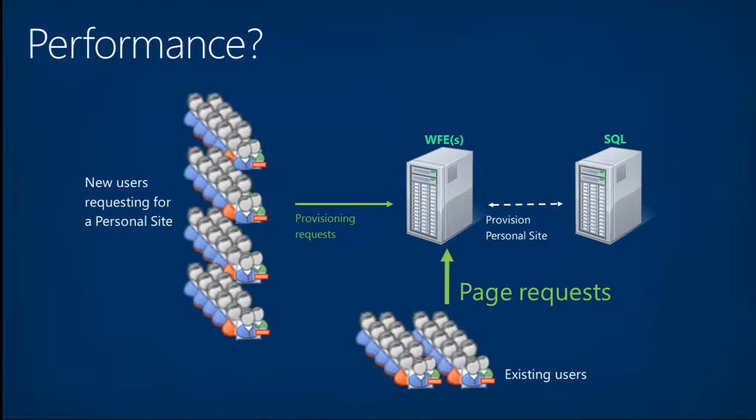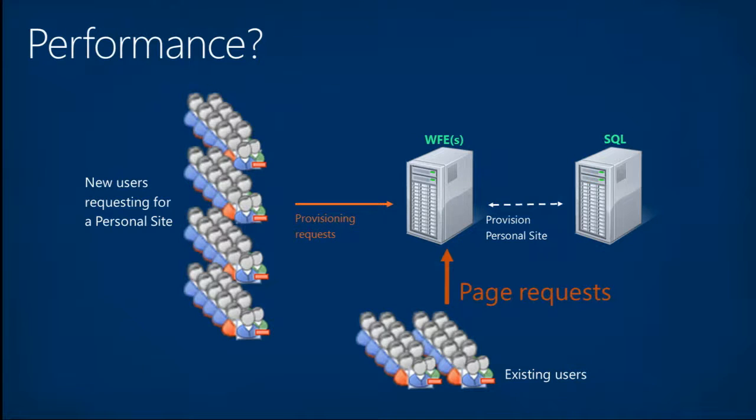Because if we had stayed with the synchronous model, then the server would try and handle all the requests at any given point of time, and that could cause issues on the WFE side. There could be server meltdown issues. Or also, if the server is able to handle a certain number of requests, it's quite possible that existing users might get impacted when trying to use some of the core scenarios, like trying to get to the newsfeed page or the profile page.